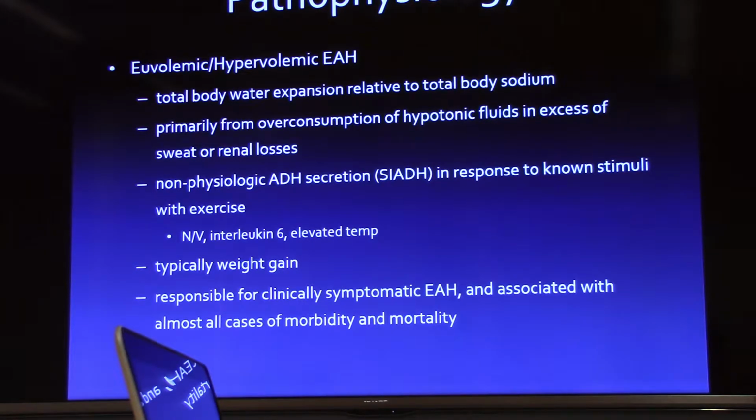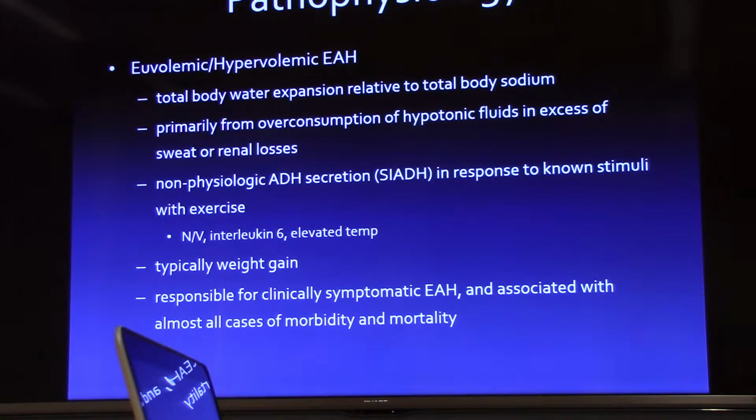As you see from the diagram shown earlier, when you have volume expansion and low serum osmolality, your ADH is expected to be turned off, but there are many known stimuli for ADH secretion with exercise, such as nausea, vomiting, interleukin-6, elevated temperature that may be at play, causing this SIADH picture essentially.